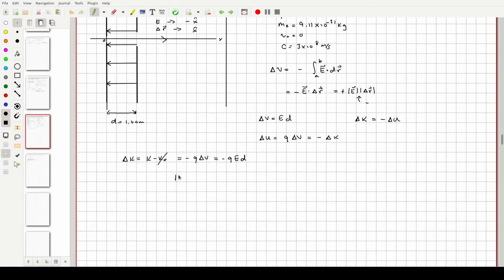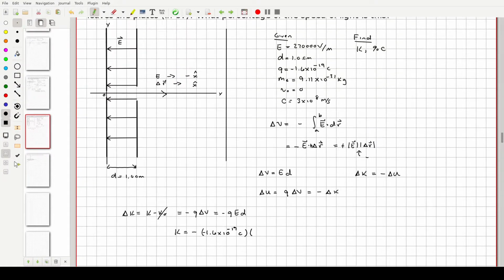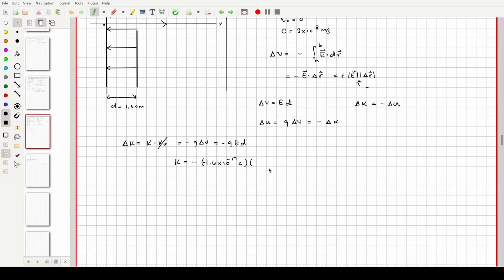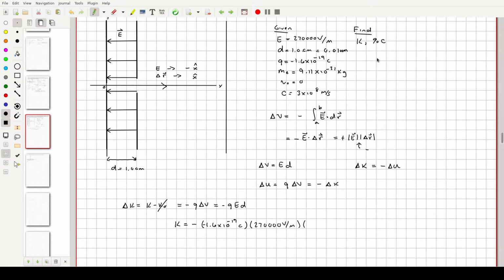So our kinetic energy here is minus a 1.6 times 10 to the minus 19th coulombs. The electric field is 270,000 volts per meter. And the distance between the plates is 1.0 centimeters, which is the same thing as 0.010 meters.